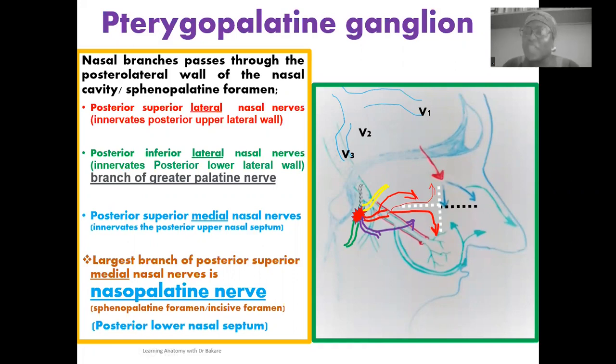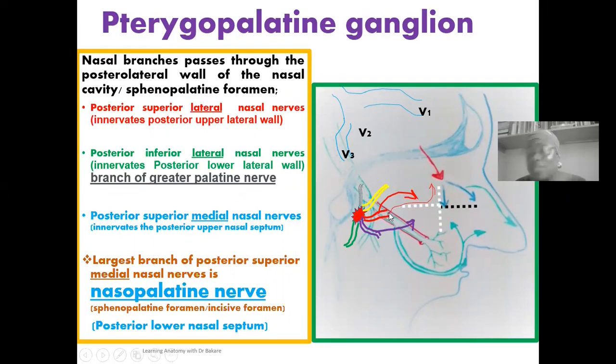So they're actually collections of nerves or groups of nerves. The largest of this nerve will then be directed towards the inferior part of the nasal septum. And this is what is referred to as the nasopalatine nerve. This nasopalatine nerve is what is then seen to innervate the posterior inferior part of the nasal septum.